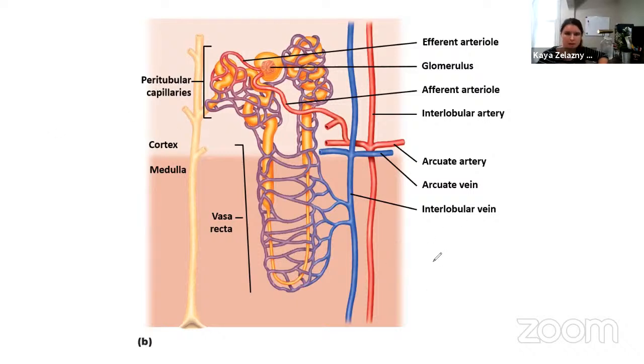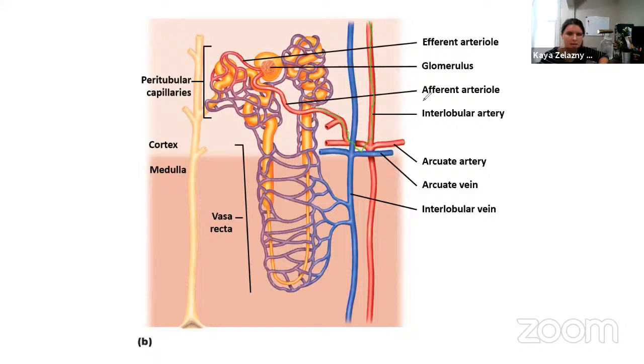Okay. So we have blood flow coming in to our kidney. We're not going to worry about the specific name parts here. We're going to focus on the parts that are important to our nephron. So we're going to start out here with our afferent arteriole.